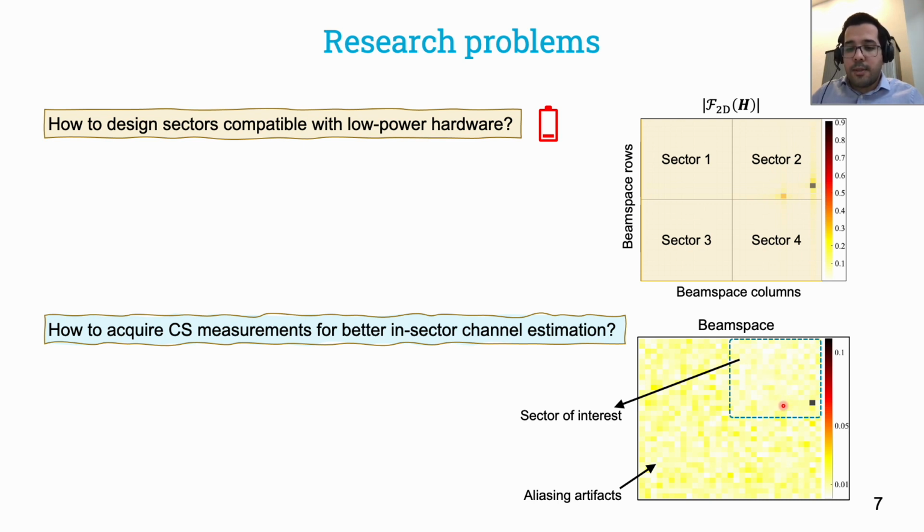Now, our goal here is to optimize the subsampling strategy beyond fully random subsampling such that the aliasing artifacts within the sector of interest are extremely small, and they can be high outside of the sector of interest.